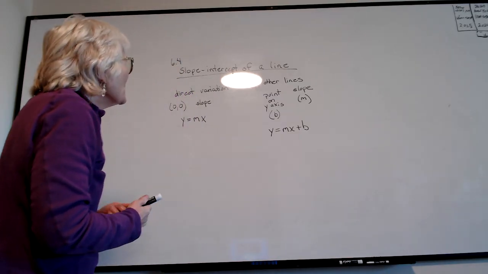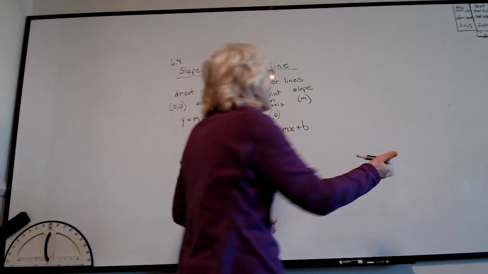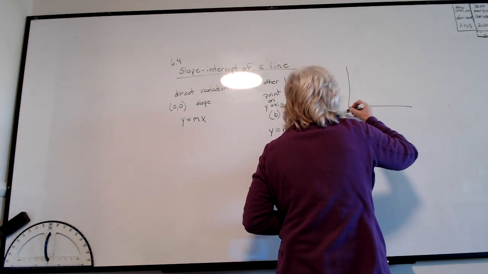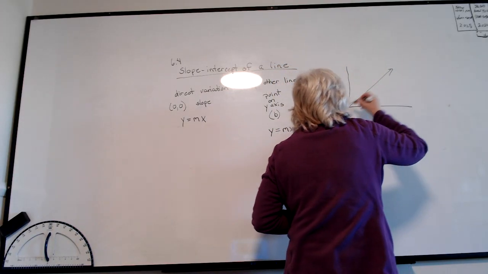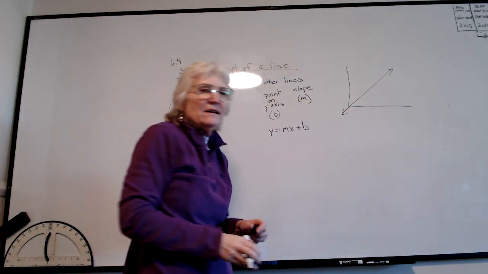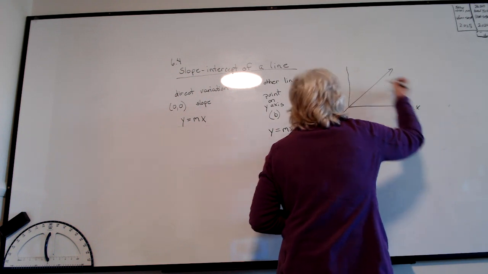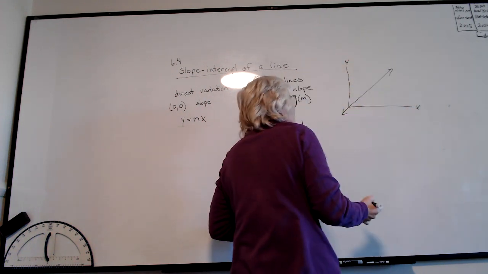Anyway, in the slope-intercept form of a line, we are looking now at graphs of lines. Lines are straight. In a graph, this is your x-axis, this is your y-axis.